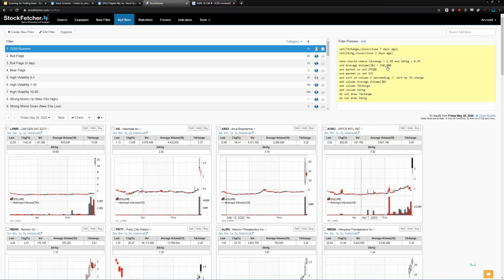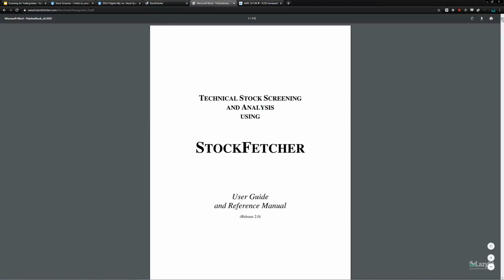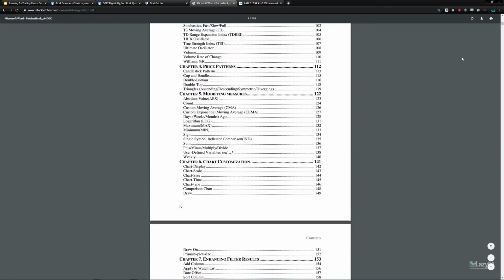So this is how Stockfetcher works. It has this really cool, almost human-like language that it uses. So even if you're not a coder, it's really useful and it's pretty easy to use. And there is also this big, 150 something page usage guide that has little exercises in it that you can use to learn how it all works.